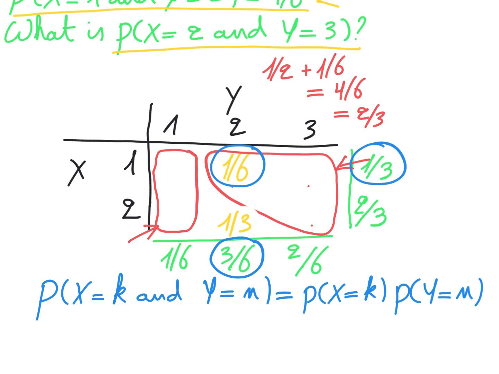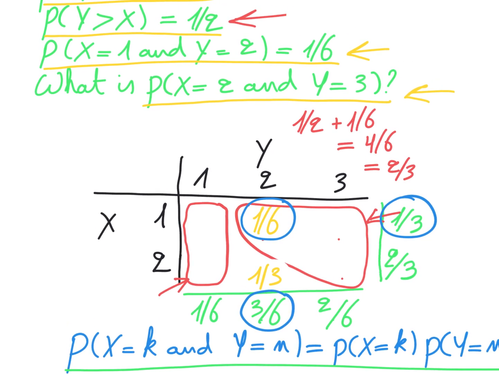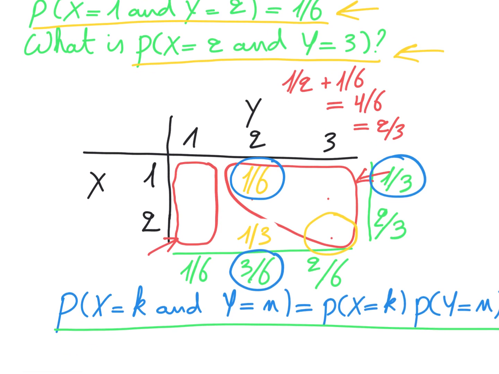So now we have found both marginal probability mass functions. And since x and y are independent, we can use this blue formula over here to complete this diagram. Now remember, we were looking for this particular value: the probability that x is 2 and y is 3. Well, let's use the fact that x and y are independent.